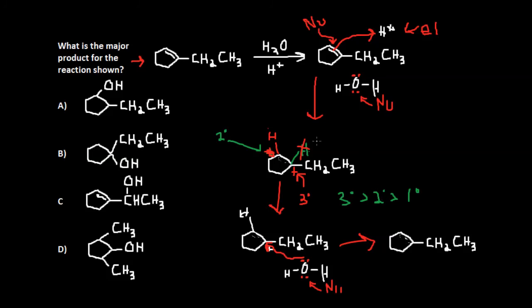We attacked the double bond with the proton, matching up nucleophiles to electrophiles. Then we added the proton to this carbon here in order to create a tertiary carbocation intermediate, which was more stable than the other possibility, right?